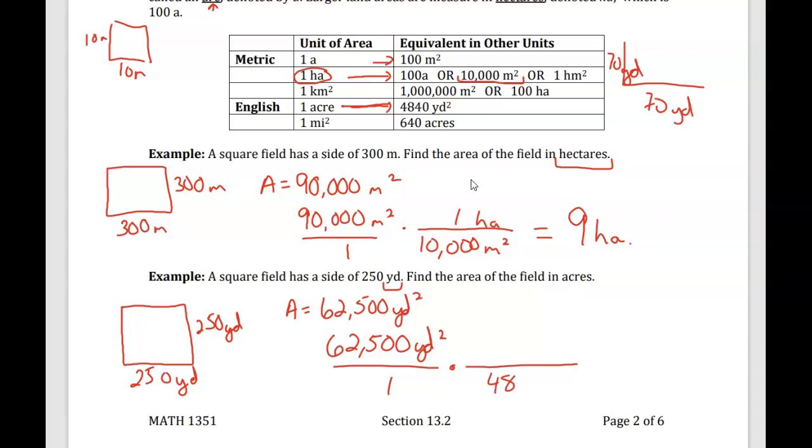And I have 4,840 yards squared is equal to 1 acre. So my yards squared cancel out, multiply straight across. So I'm going to have 62,500 divided by 4,840, which will give me 12.9 acres.